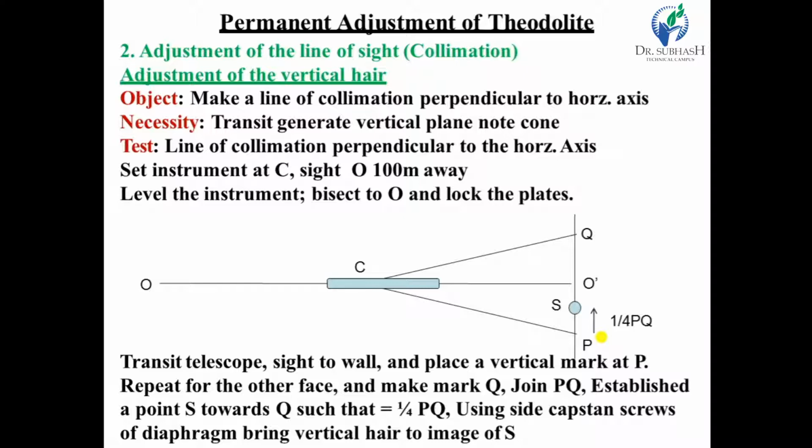Transit the telescope, sight to O and place a vertical mark at P. Repeat for the other face and make mark Q, such that the distance is 1/4 of PQ. Using the side capstan screws of the diaphragm, bring the vertical hair to the image of S. So our vertical hair is truly vertical with respect to the horizontal axis.